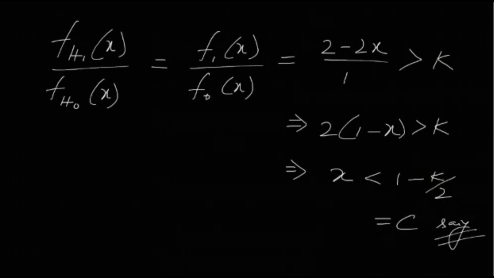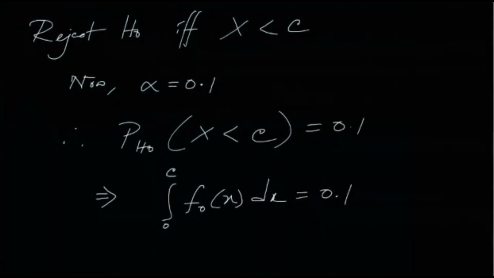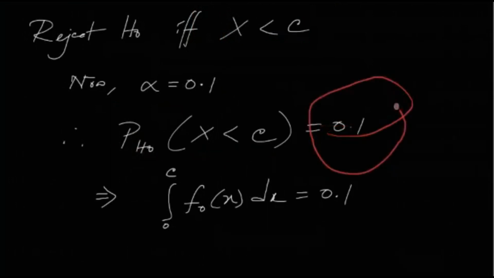So the MP test is of the form: reject H0 if and only if x is less than c. Now what is c? The c has to be found so that the size of the test is alpha, which is 0.1. That means the probability under H0 of rejecting H0, that is x less than c, is equal to 0.1. Under H0, X follows the uniform (0,1) distribution, so the probability of x less than c is the integral from 0 to c of f0(x) dx, equal to 0.1.